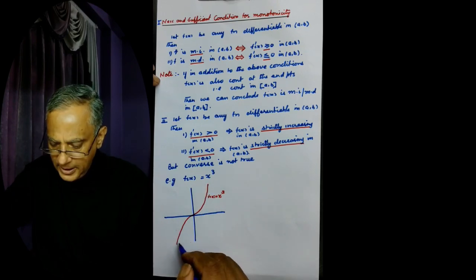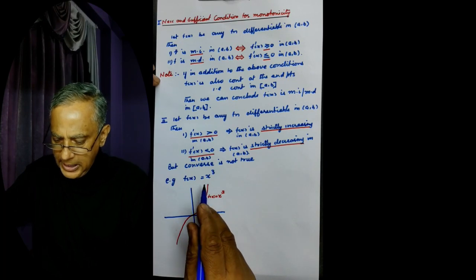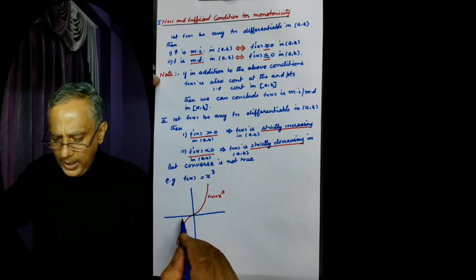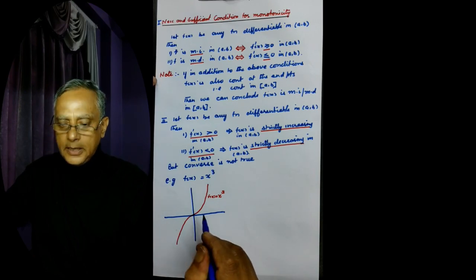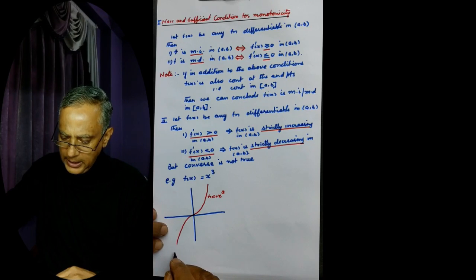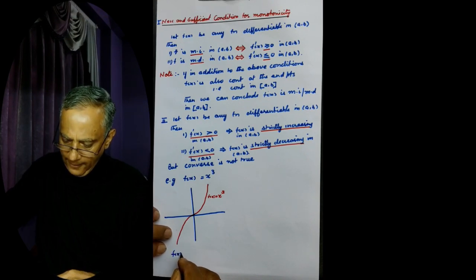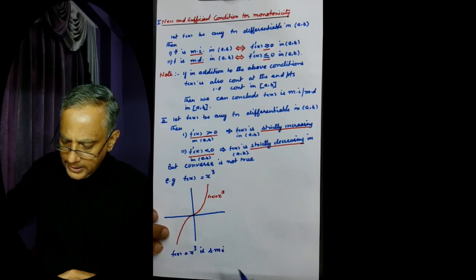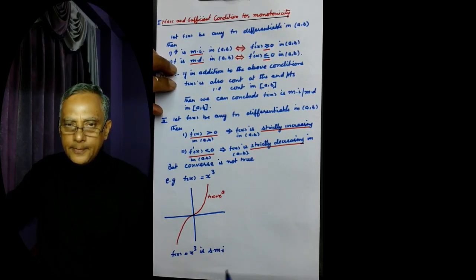The graph is never horizontal, it is strictly rising. Nowhere is it a horizontal graph. So this graph is strictly monotonically increasing. Therefore f(x) equal to x cubed is strictly monotonically increasing.